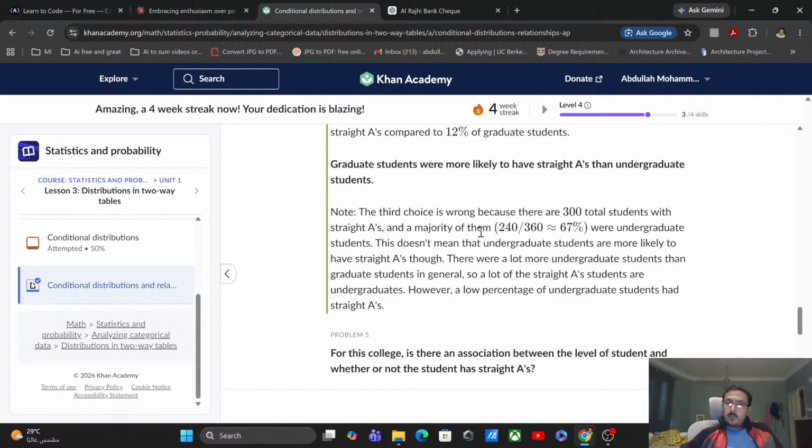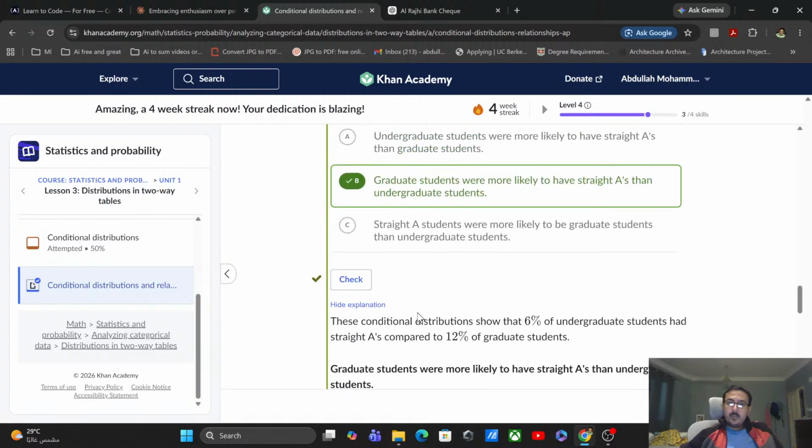Note the third choice is wrong because there are 300 total students with straight A's. The majority of them, 240, were undergraduate students. This doesn't mean that undergraduate students are more likely to have straight A's, though. There were a lot more undergraduate students than graduate students in general. So a lot of the straight A students are undergraduate. However, a low percentage of undergraduate students have straight A.